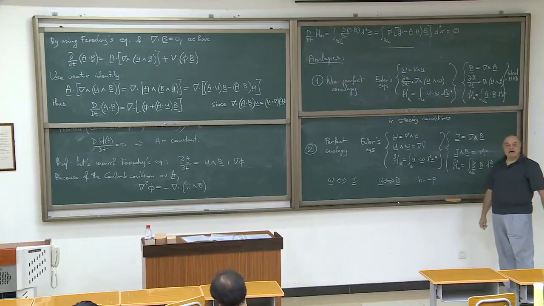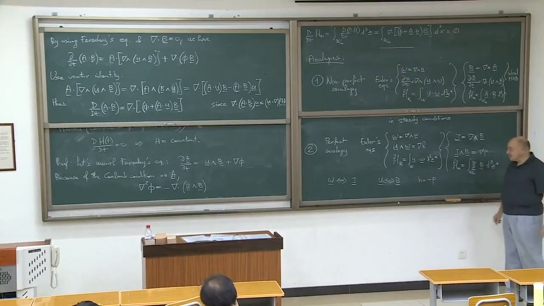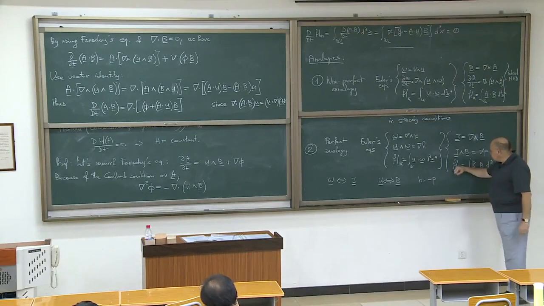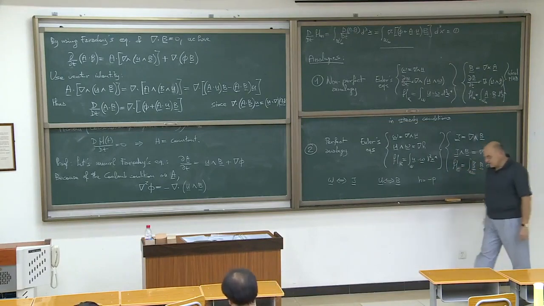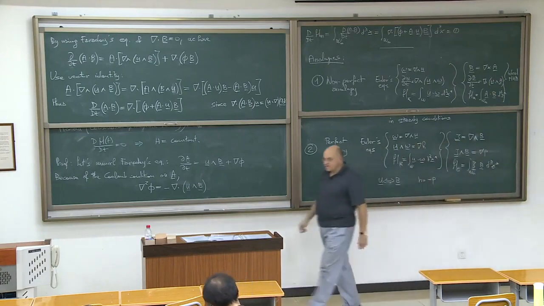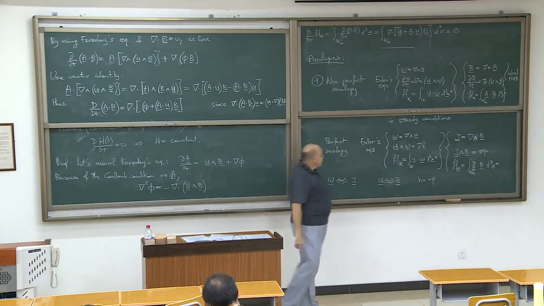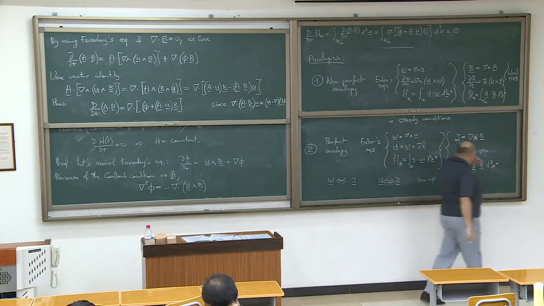It's not cross. Cross helicity is U, the velocity, times the magnetic field. There are several helicities, and I made a mistake there. So this is current helicity, because it's associated with the electric current. Before I said electric helicity, it's not. I was close, but.